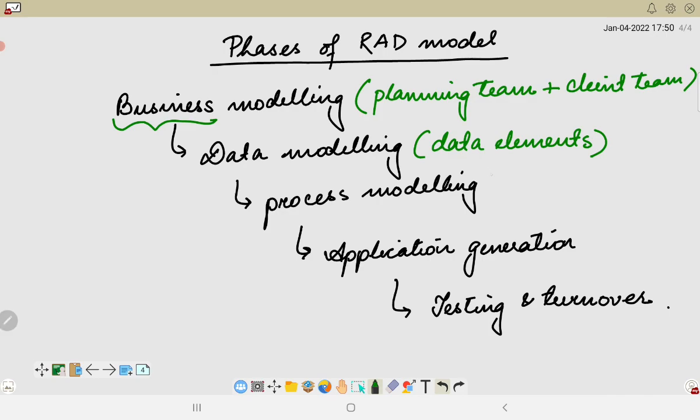That means the entire information in terms of data is transformed into useful information in terms of process. The data object sets defined in the data modeling phase are converted to establish the business information flow.